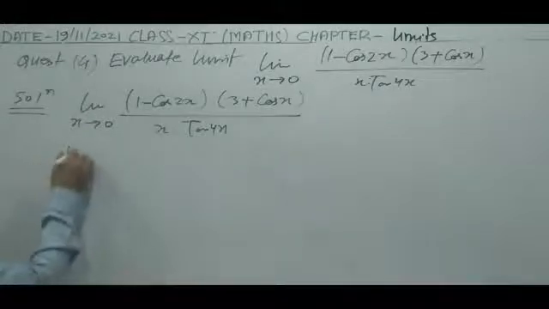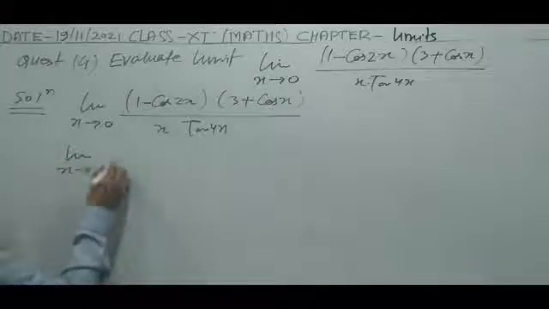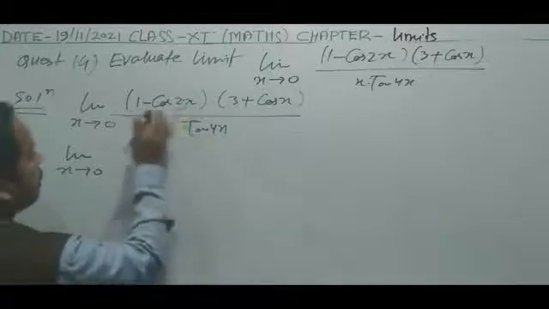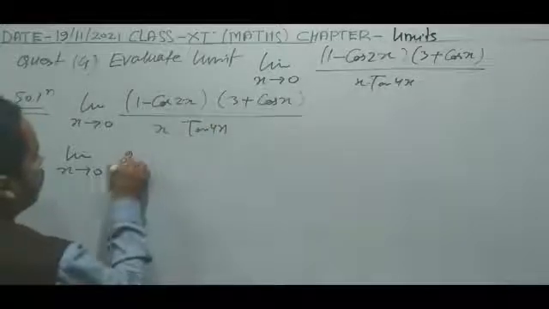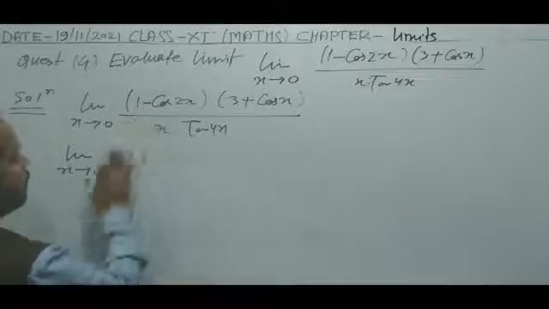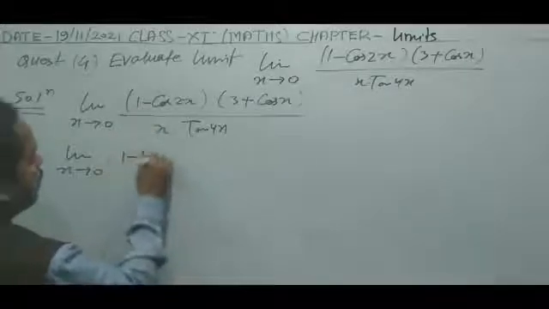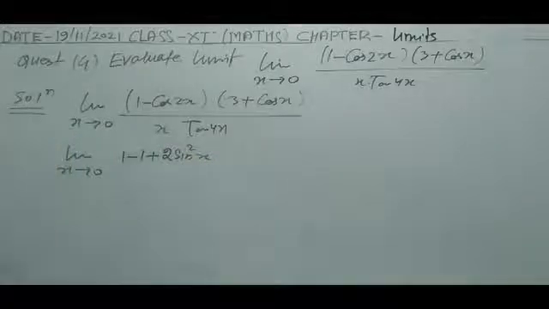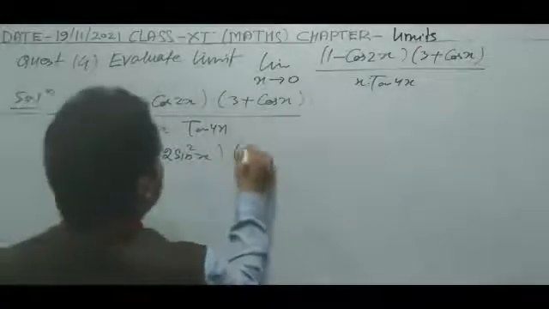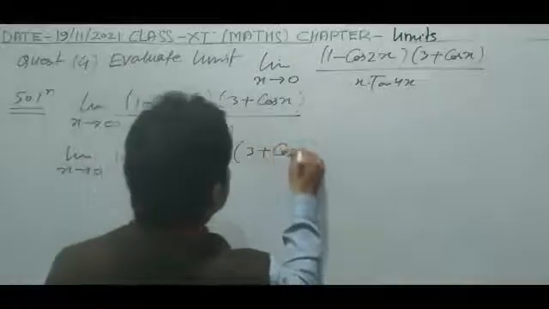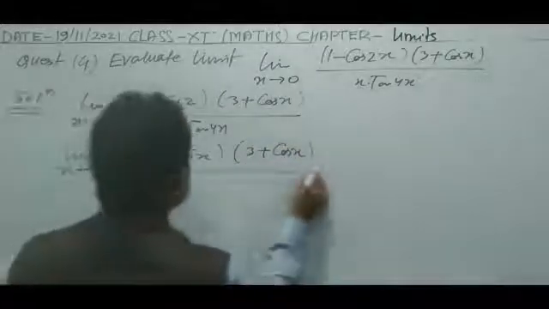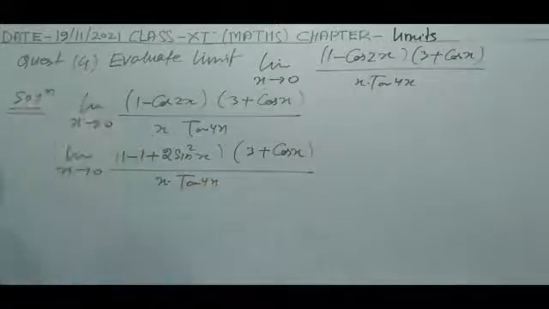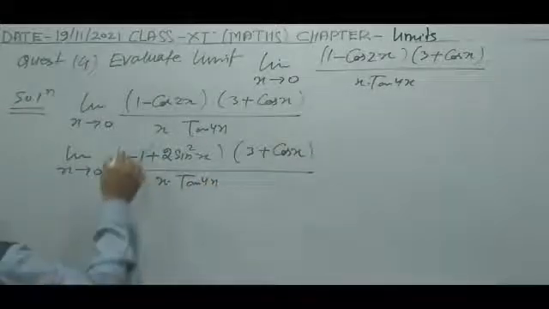Now the cos 2x formula is 1 minus 2 sin square x, so this expression will be 1 minus 1 plus 2 sin square x, times 3 plus cos x, whole upon x times tan 4x. Now this plus 1 minus 1 will cancel.